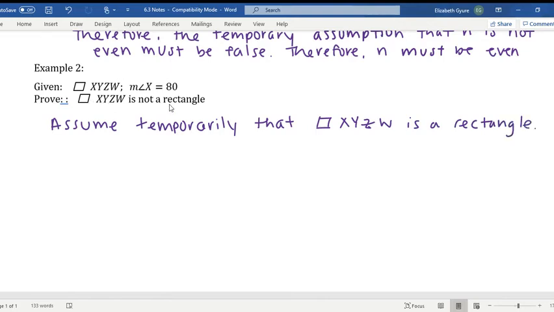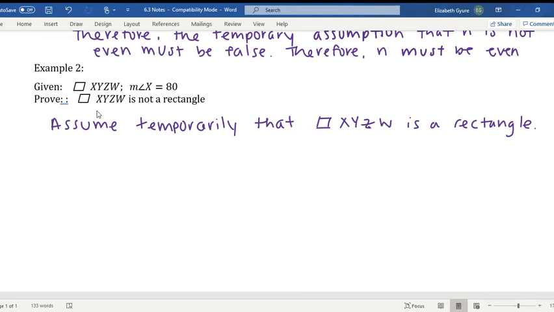So we're assuming that our conclusion is not true. Well, then think about what that means. If parallelogram XYZW is a rectangle, what must it have? Well, a rectangle has 4 right angles. So if it has 4 right angles, then angle X would have to be a right angle, wouldn't it? But wait, that contradicts our given that X is 80 degrees.